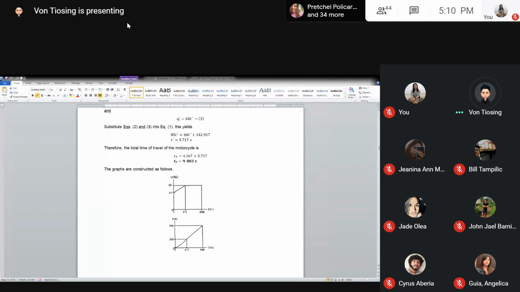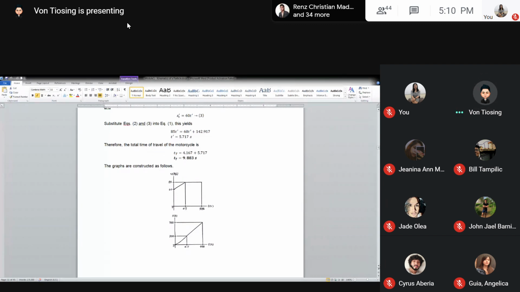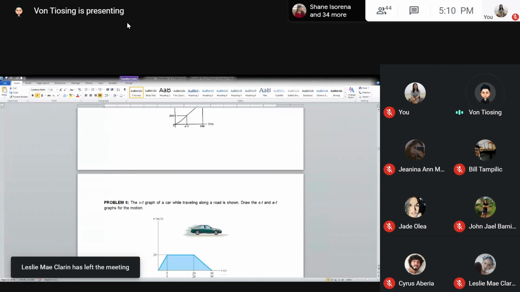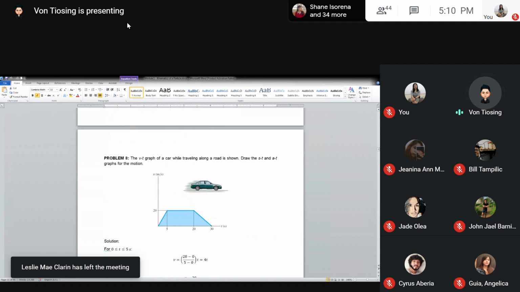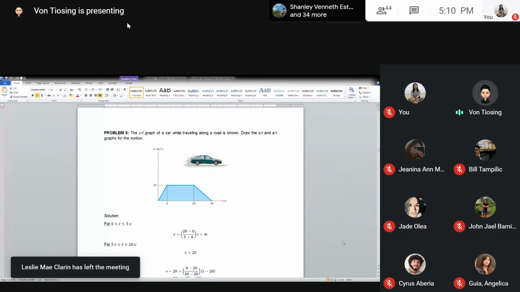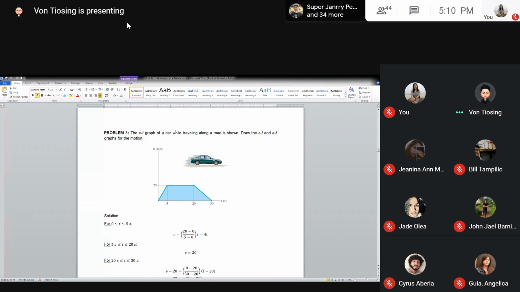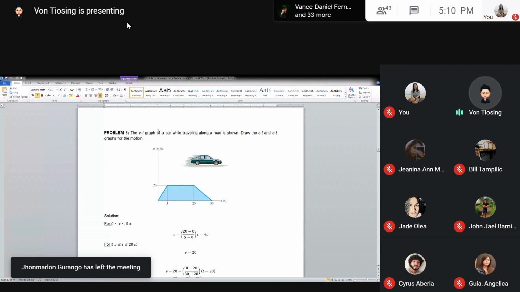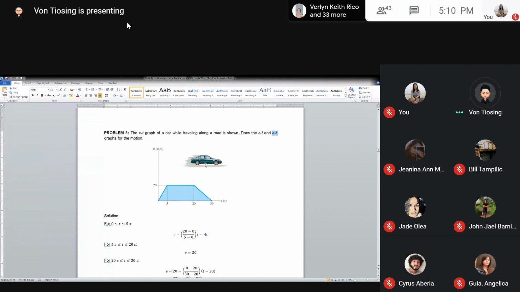So let's focus on the next problem, so we get used to graphs like these. For problem number 8, the first one is the displacement-time graph and the other is the acceleration-time graph for the motion.